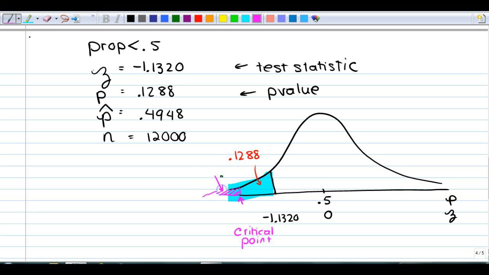Because alpha, the level of significance, is 0.05. This is my acceptance region. I am going to accept or fail to reject my null hypothesis.